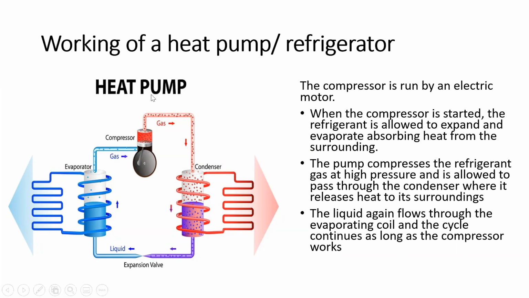When the compressor works and compresses the gas, the gas gets heated up. This heated up gas is taken through the coil to the condenser region. The hot gas will come here and release the heat energy to the surroundings, which is already hotter, and it will condense to its liquid state.